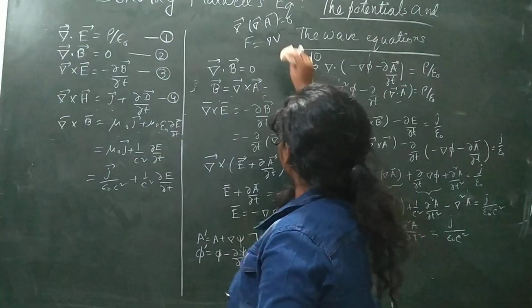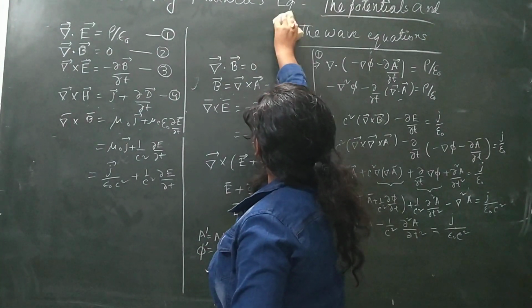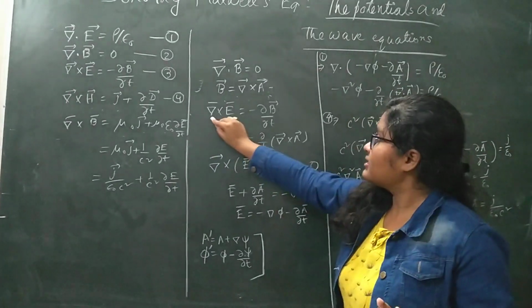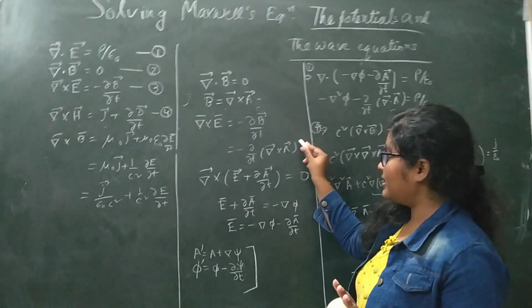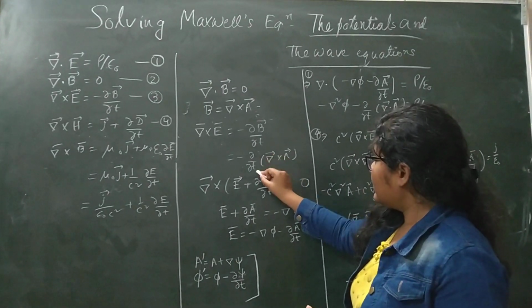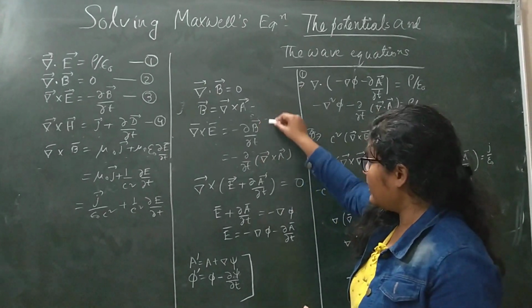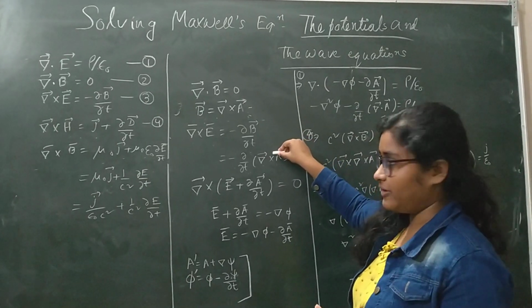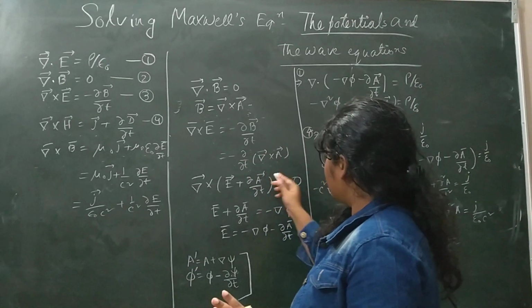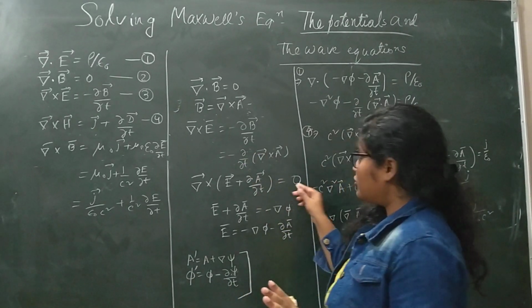Okay. Now we get B equals curl of A, and the Maxwell equation tells us curl of E equals minus del B del T. So in place of B you put curl of A, and you get curl of E plus del A del T equals 0.